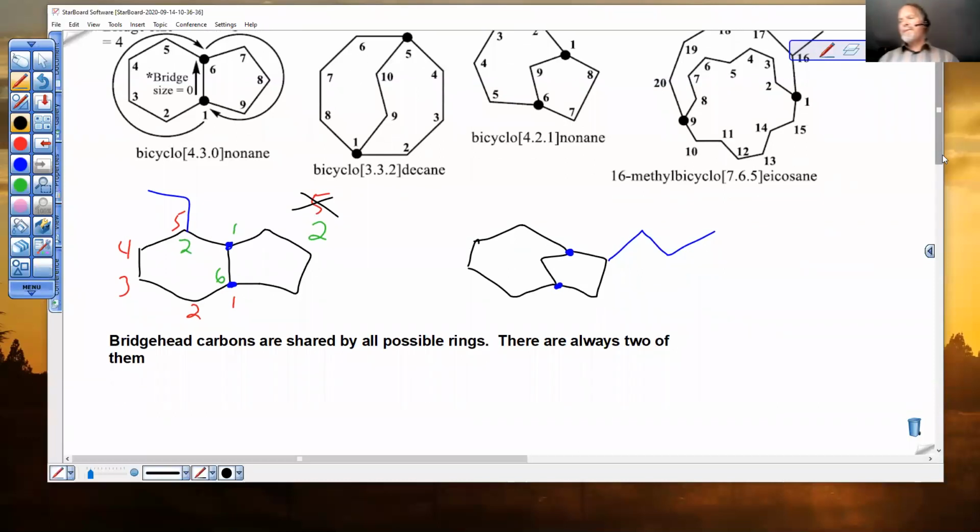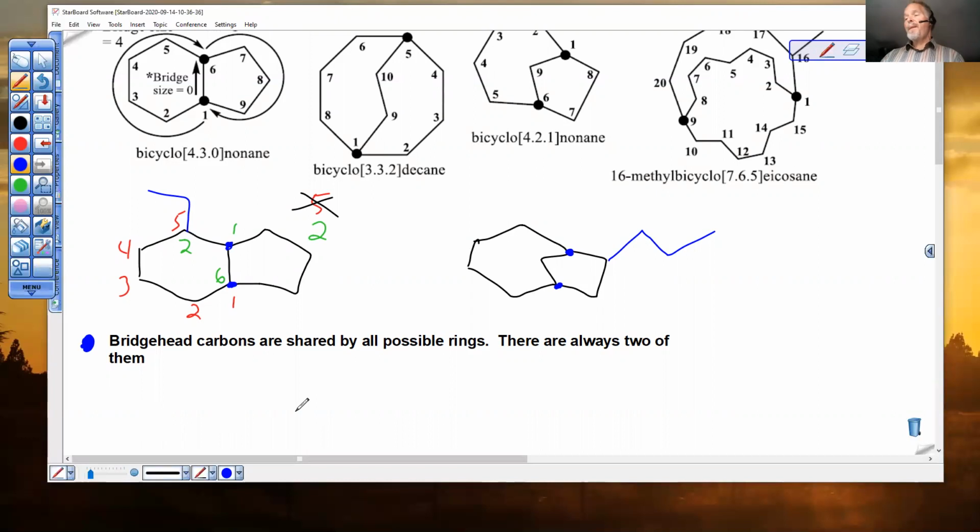And there's always 3 ways to get from one dot to the other. What are the name of our dot carbons? They're called bridgehead carbons. The computer's giving me a hard time. Sorry. There.